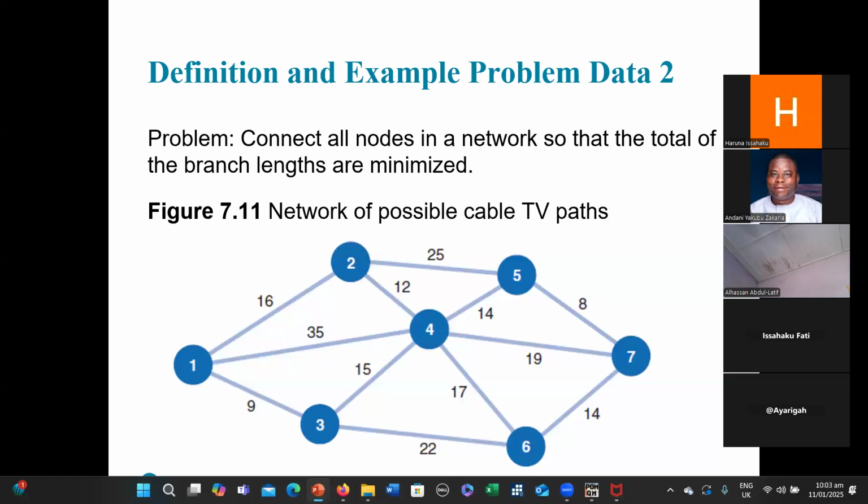So this time we are dealing with a cable network in thousands of feet. The problem that we need to deal with is to connect all nodes in the network so that the total of the branch lengths is minimized. The nodes are suburbs in the community.